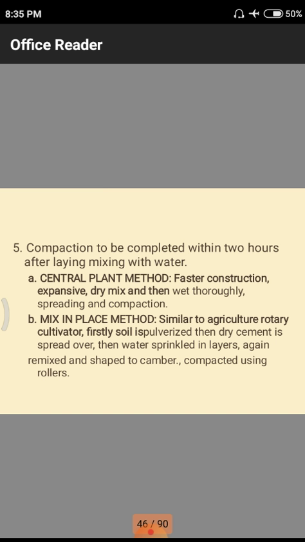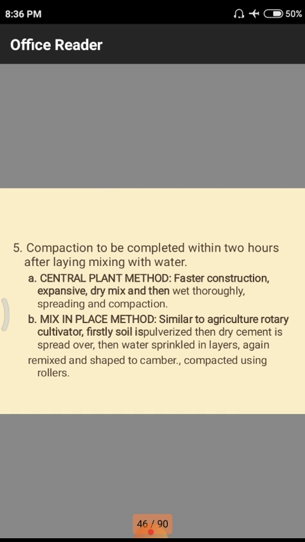What is the difference between the central plant method and the mix in place method? The terms themselves carry meaningful knowledge. Central plant means, as we observe nowadays, a huge number of lorries traveling from the RMC plant to construction sites, transporting the concrete material.